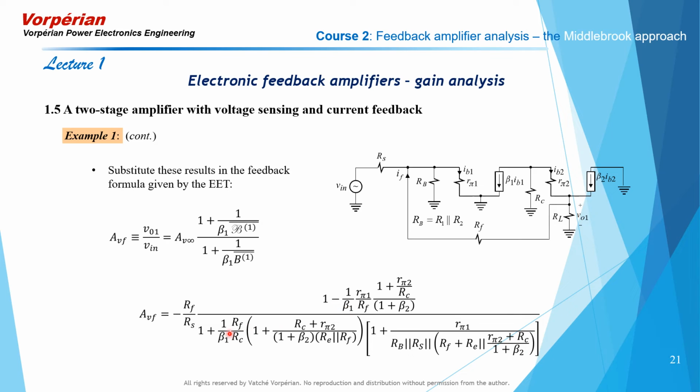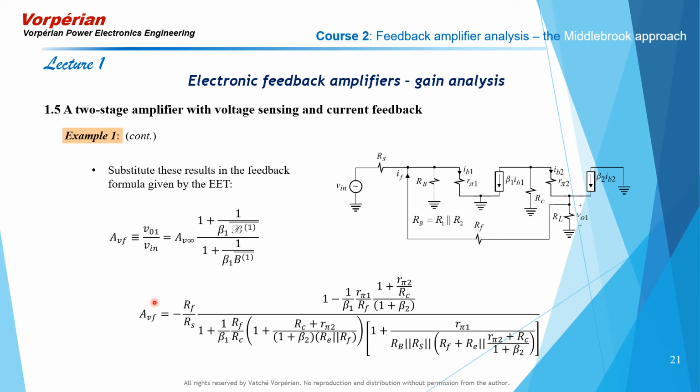We know when β1 goes to infinity, this expression is a negative expression given by minus RF over RS. What happens if β1 goes to 0? Well, multiply up and down by β1 and let β1 go to 0. In the numerator, you are left with this negative term here. In the denominator, you're left with this positive term here. Now, the negative term in the numerator and this negative term multiply each other out to yield a positive expression for the gain AVF.